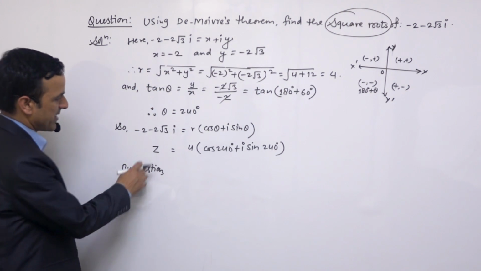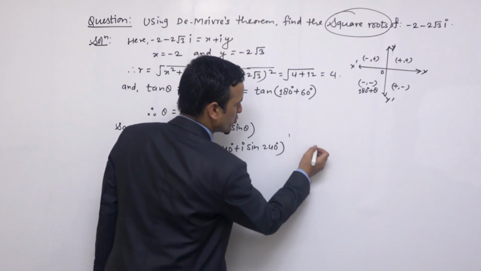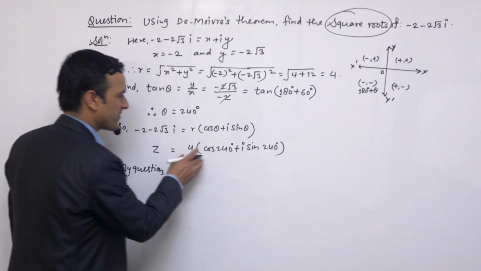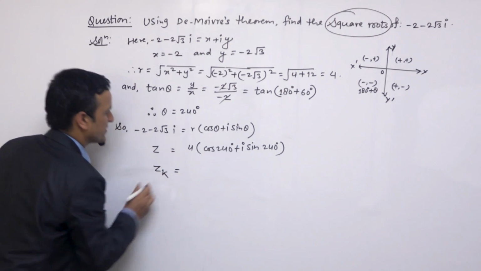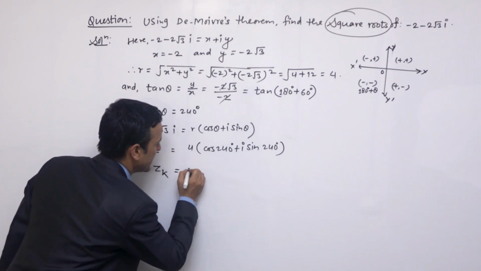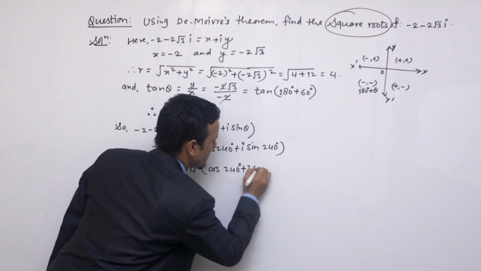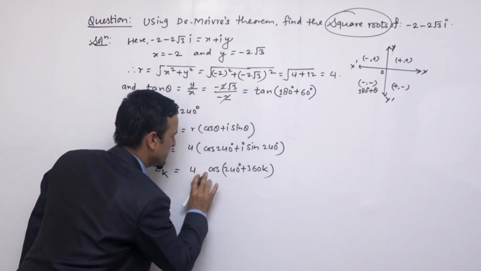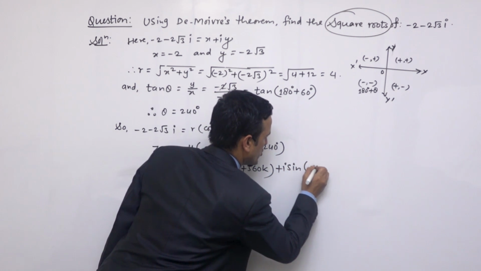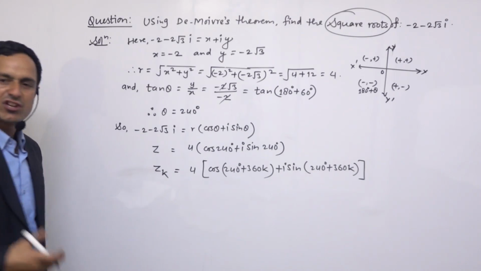For the square root, we raise z to the power 1/2. Let's convert it into polar form. First of all, change into general polar form, and write down 4 cos (240 plus 360k) plus i sin (240 plus 360k). This is the general polar form.